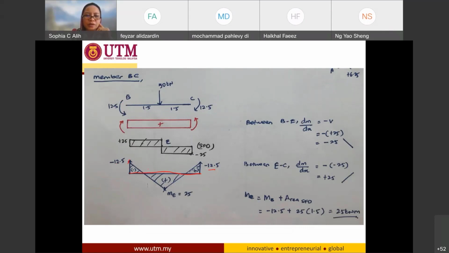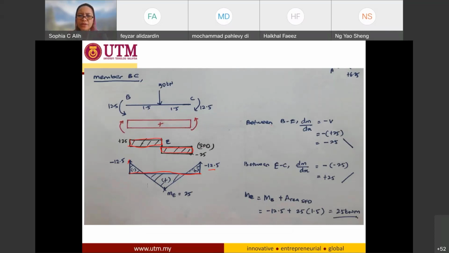How about the middle part? How can I connect these two together? Now, I need to look into the shear force diagram for this member. So my shear force diagram is something like this. I have positive shear, 25 here, and also negative shear on the other side of my member.